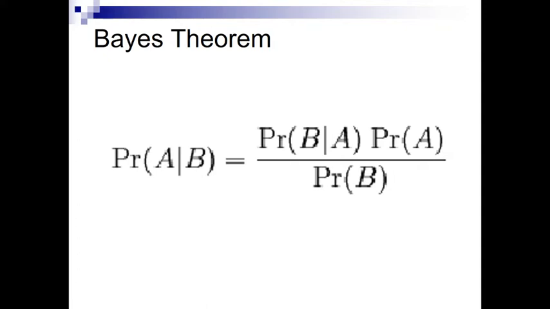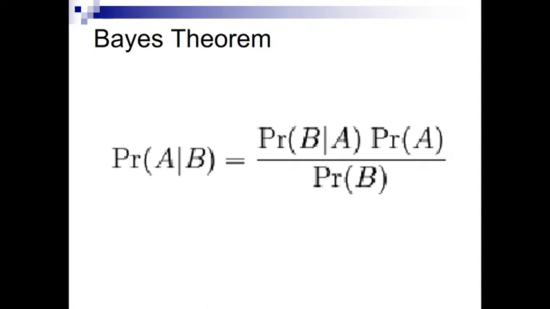In Bayes' theorem, we see the relationship between the probability of A given B and the probability of B given A. Typically, A is our class value. We're trying to predict a class value, and what's given is the evidence that we see. So B is a set of variables, and those are our features.